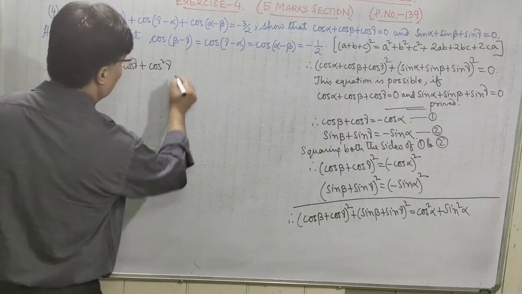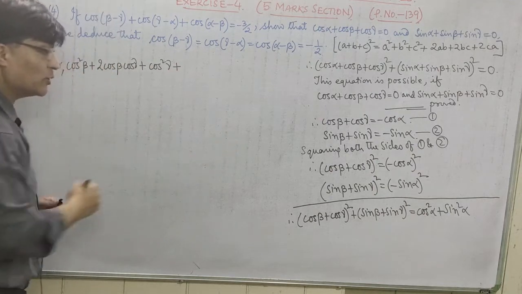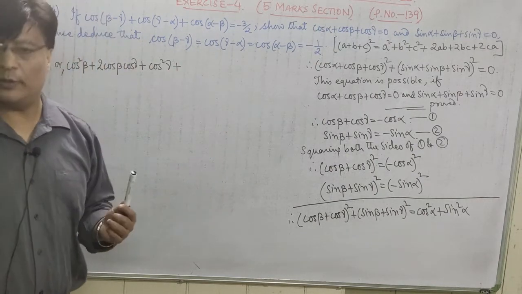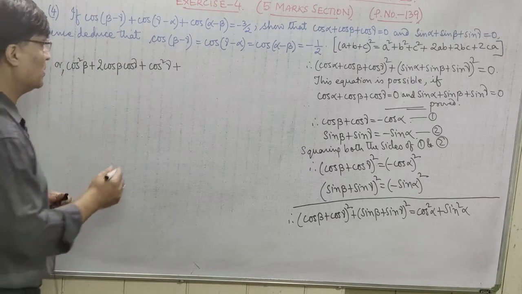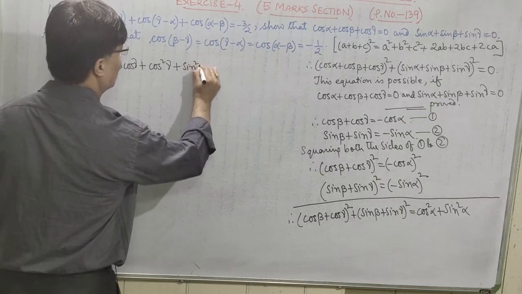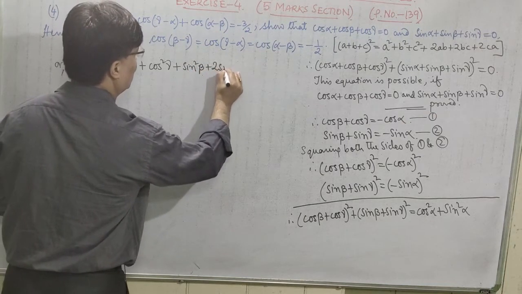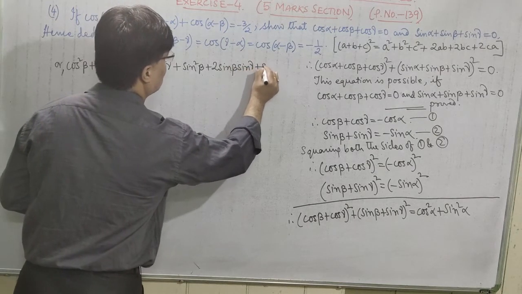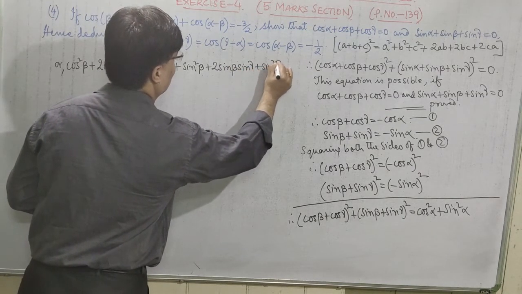Then plus the next one is also a plus b whole square, that is sine beta plus sine gamma whole square. So we write sine square beta plus 2 sine beta sine gamma plus sine square gamma, right?